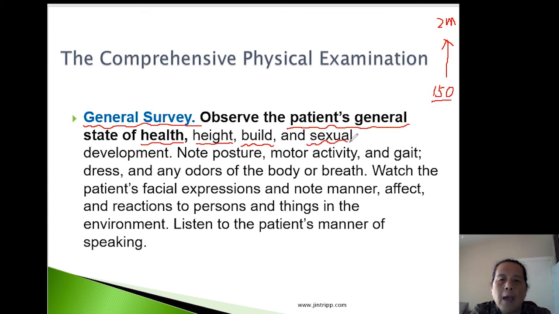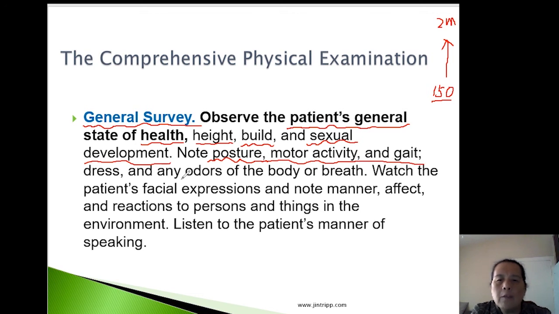Also the sexual development, like the body development: for the female, the breast development; for the male, the development of sex organ size. And then we pay attention to the patient, when walking in or sitting there, whether they look normal or abnormal.